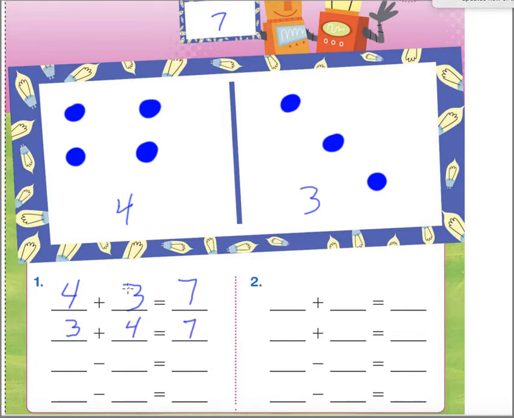Because when we're adding, it never matters what order we go in. I've said this before many times. When you add, it doesn't matter which order the numbers are in. For the 2 parts, the parts don't matter what order. When we subtract, that's when it always matters.